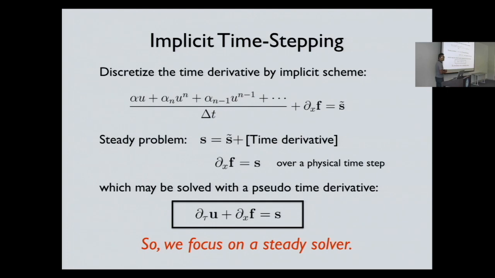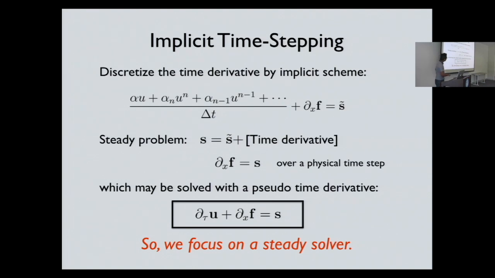It's an implicit scheme, so you have to solve a globally coupled system over each physical time step. But typically we take this time derivative to the right-hand side and add it to the source term to define a new source term. So at every physical time step we have to solve this steady problem. This steady problem can be solved with a pseudo-time derivative. So we have pseudo-time evolution.